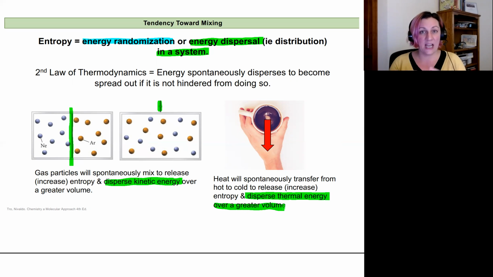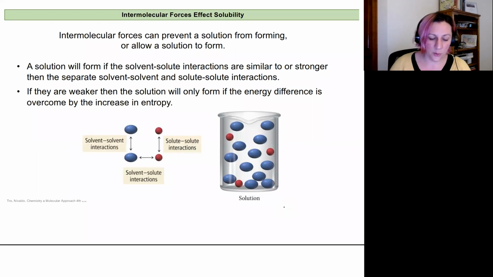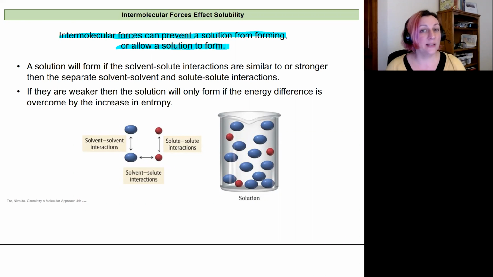And that describes that there's this tendency to mix. So if you bring two things together, there is a natural driving force for everything to mix into a homogeneous solution, unless prevented. So what would prevent that? Well, intermolecular forces. So intermolecular forces can prevent a solution from forming, or they can help a solution to form. So a solution will form if the solvent and the solute interactions, so these interactions are the IMFs, the intermolecular forces, are similar to or stronger than the separate solvent-solvent and solute-solute interactions.